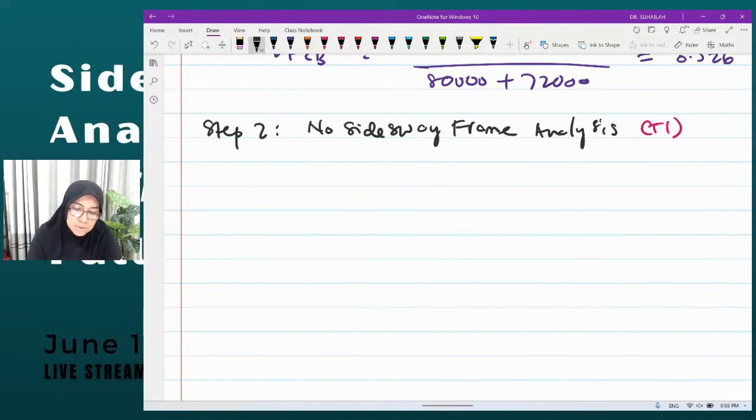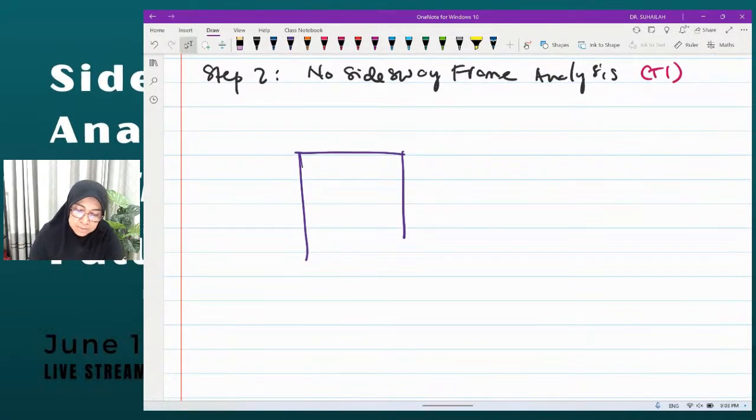So you have to draw the diagram with the free body diagram as well. We have W, a point load.